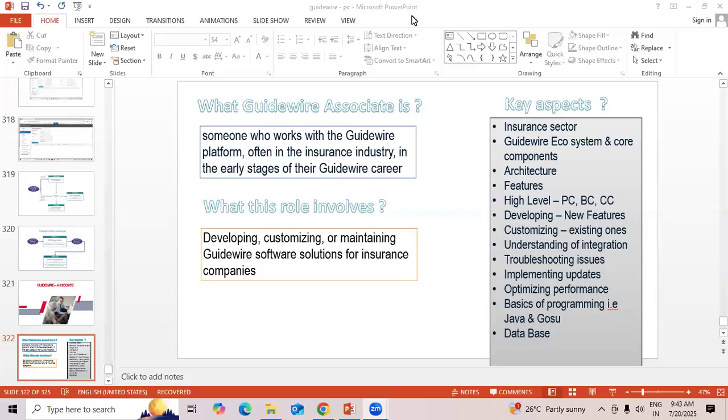So I always say that high-level user interface and functional knowledge of PC, BC and CC is required. Next, as an associate, we must have some knowledge of developing new features from scratch.